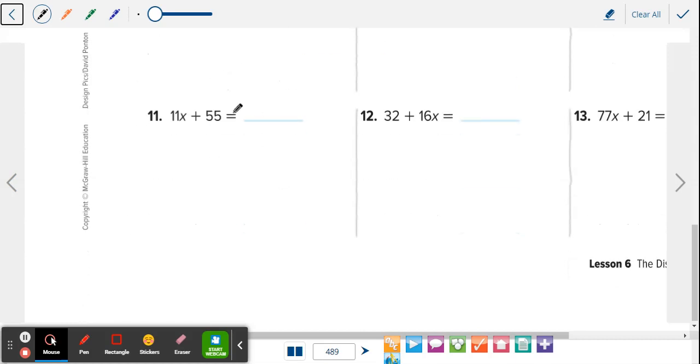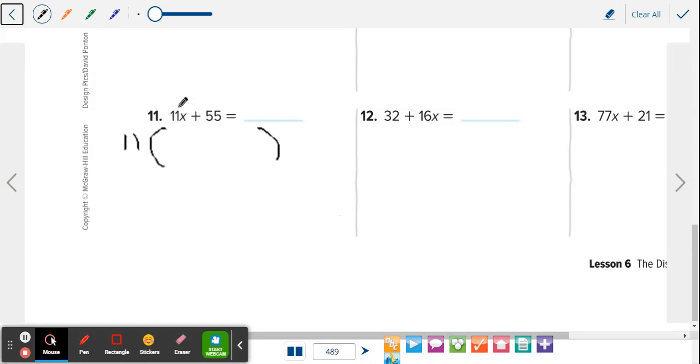Now, this is where they start throwing the variables at you. It doesn't change anything. You still have to find the greatest common factor. So, what is the greatest common factor of 11x and 55? 11. Okay, so 11 is going to be it. So I take that. That goes outside the parentheses. Now we work on dividing it out.